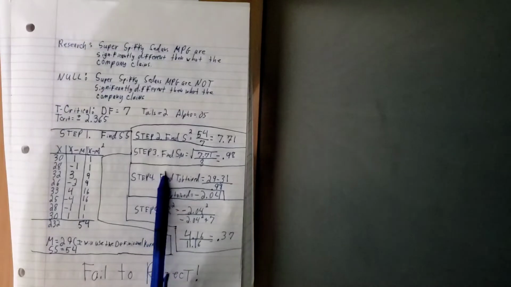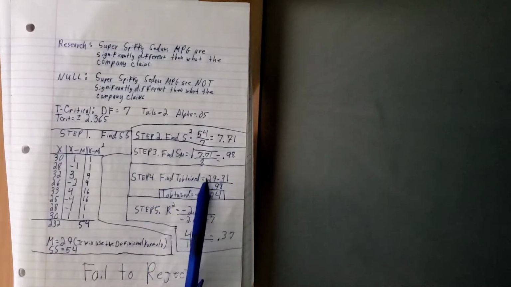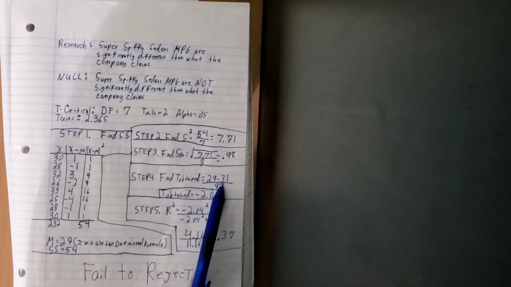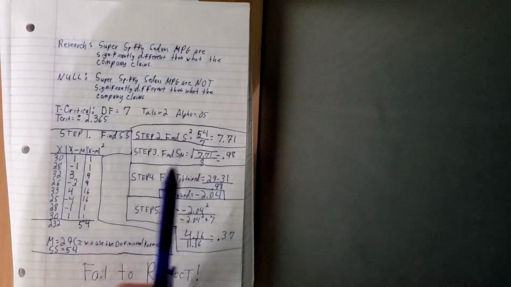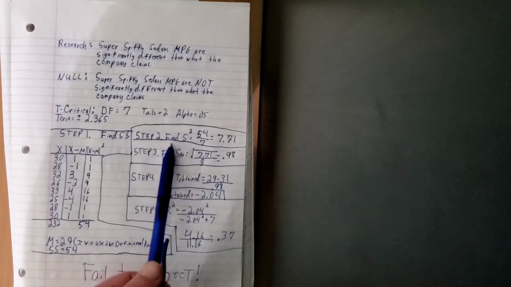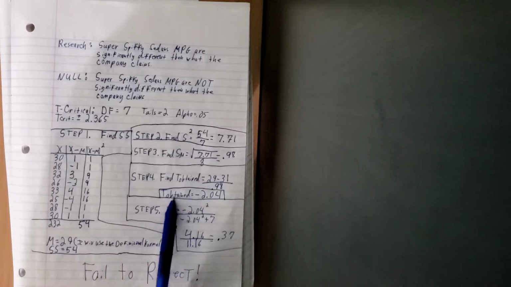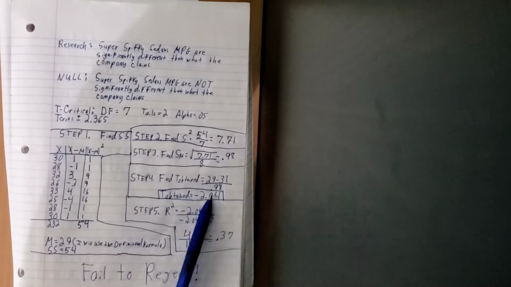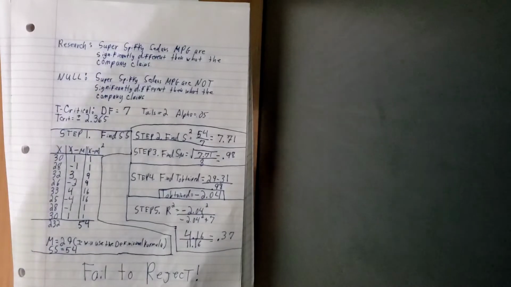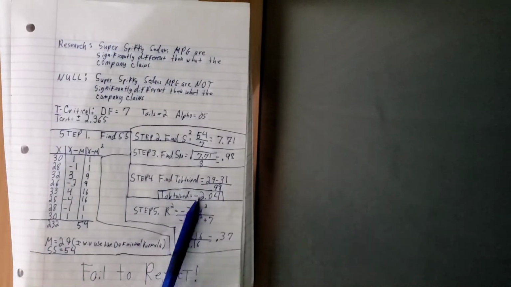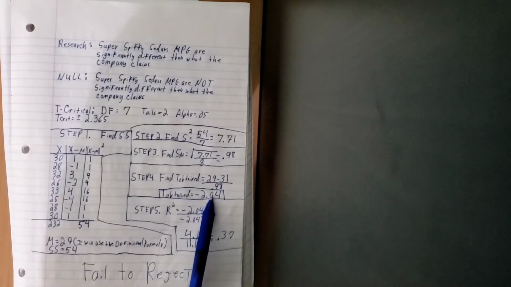Now to find T obtained, you take the sample mean, which is 29, minus the population mean, which is 31, divided by your standard error, which gives you a T obtained of negative 2.04. Now, is that going to be significant or not?